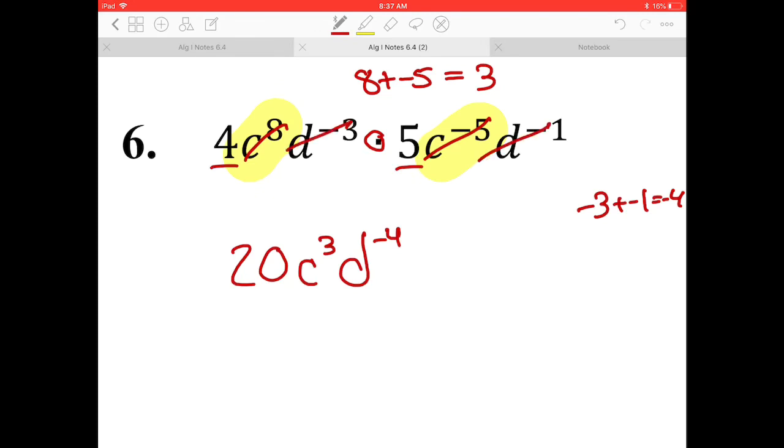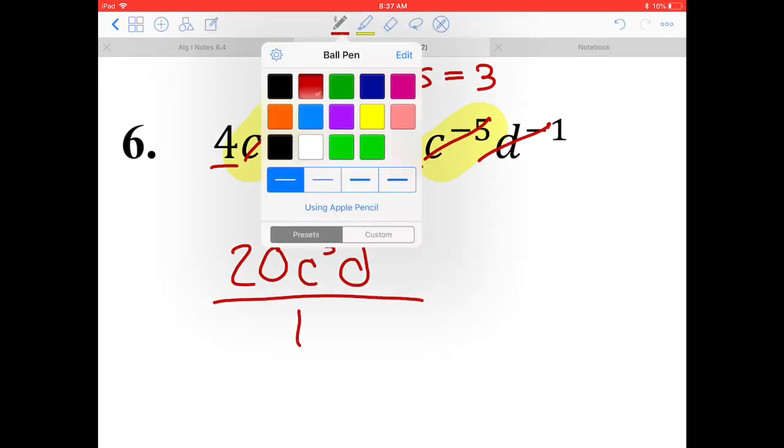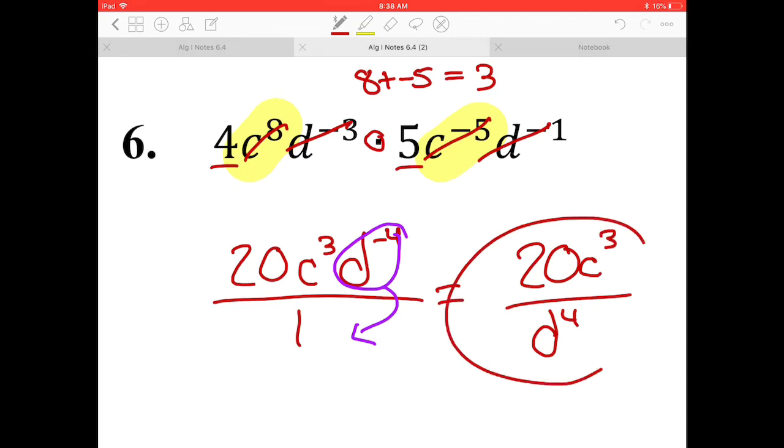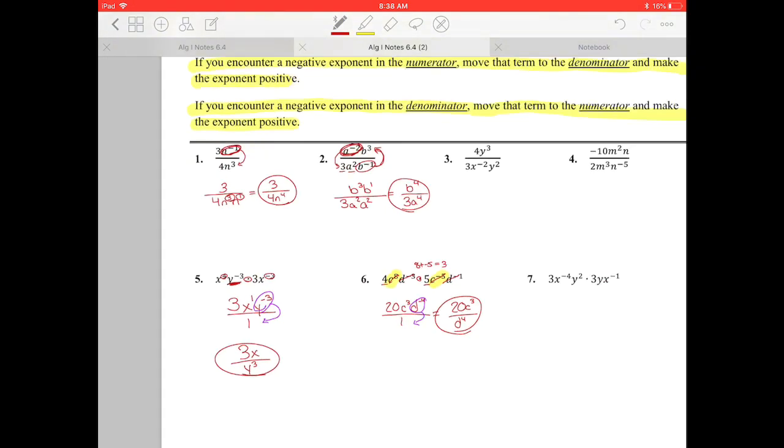Once I'm done multiplying this, I still have a negative exponent that I need to cross the line, flip the sign. So again, I can turn this into a fraction just by putting it over 1, and then this will cross the line, flip the sign. So final answer, 20 c cubed stays on the top, and then this d to the negative 4th power goes below and becomes positive. It is magic.